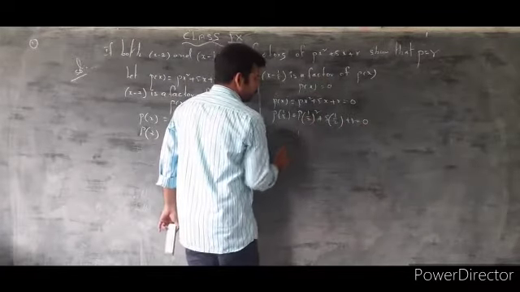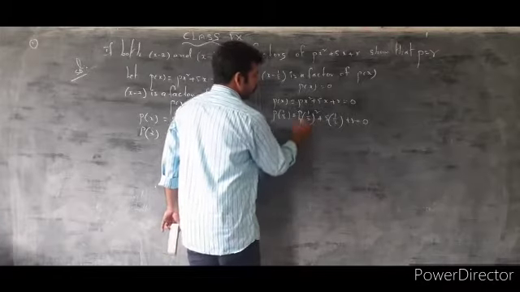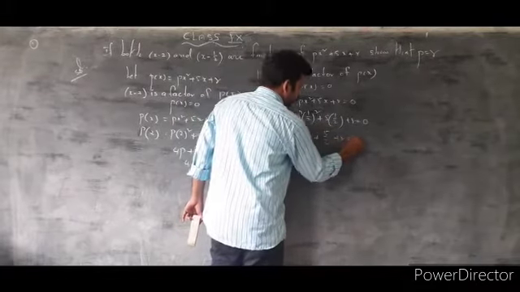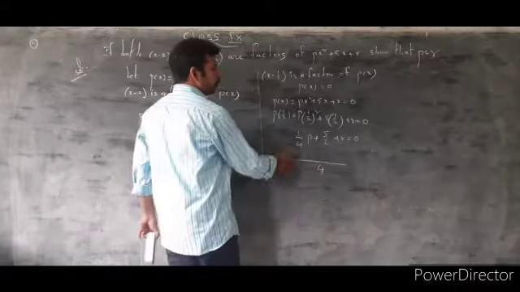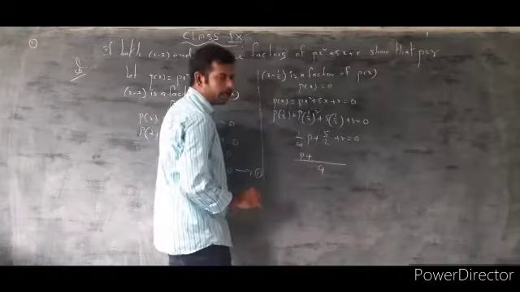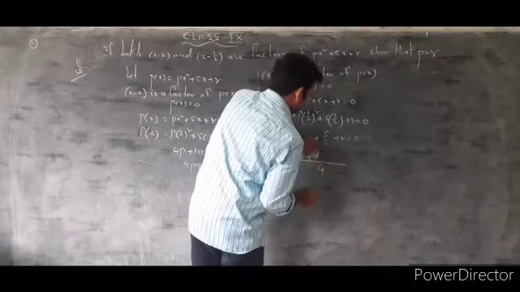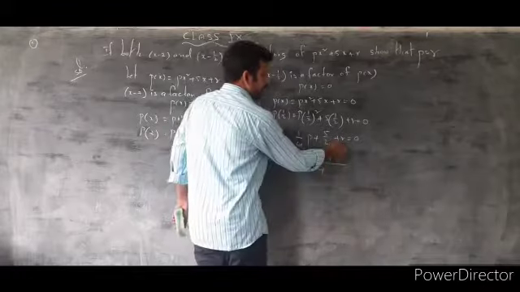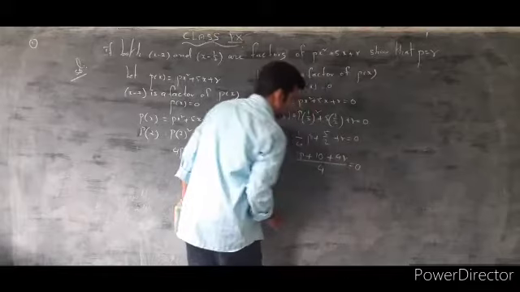Next, 1 by 2 square is 1 by 4, so 1 by 4 into p plus 5 into 1 by 2, that is 5 by 2, plus r equal to 0. Here the LCM of 4 and 2 is 4. 4 by 4 is 1, so 1 into p, plus 2 times 5 is 10, plus 4 times r is 4r, equal to 0.